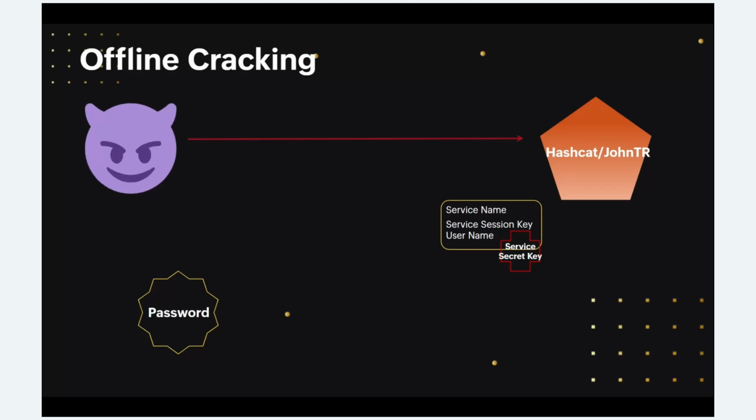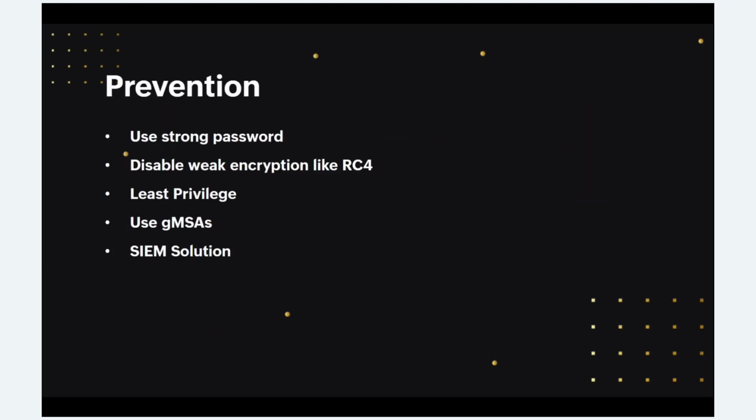Now let's see how we can prevent Kerberoasting from happening. We know how it works and what tools are being used, so it's important to know that. First and foremost, we should use a very strong password. The password should be at least 12 or 16 characters in length, and it should use different characters, like special characters.